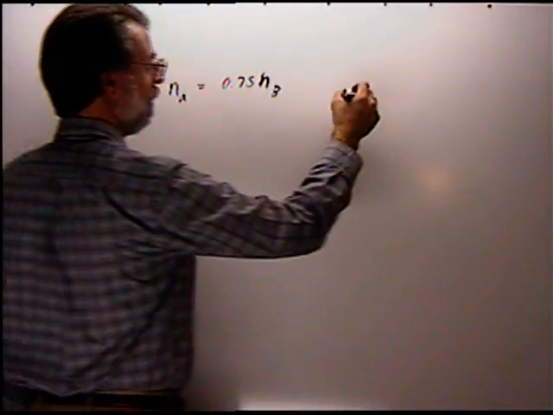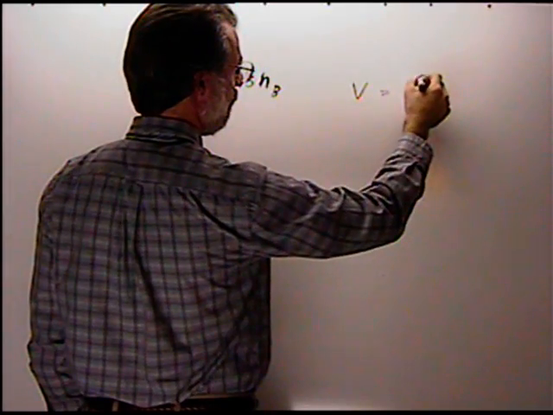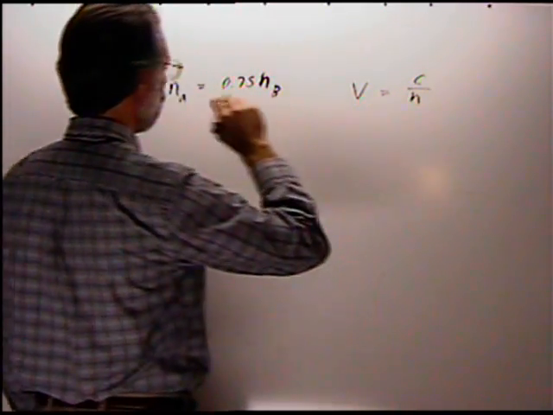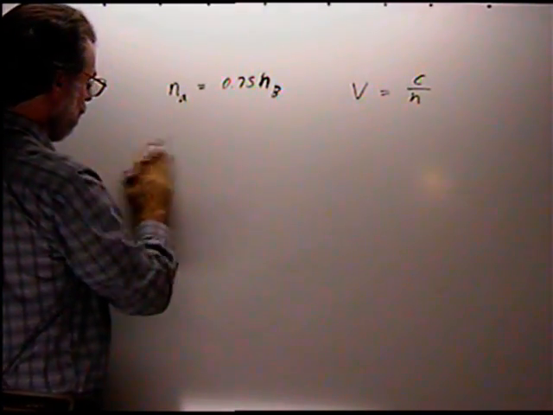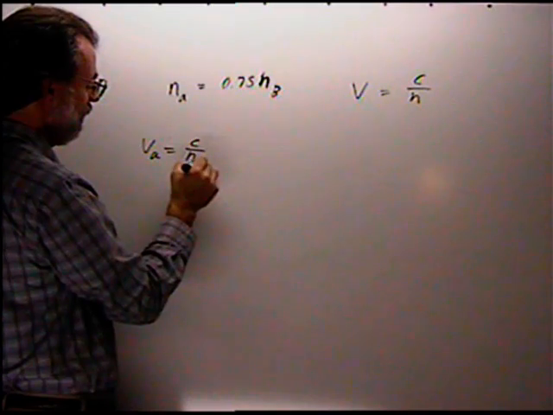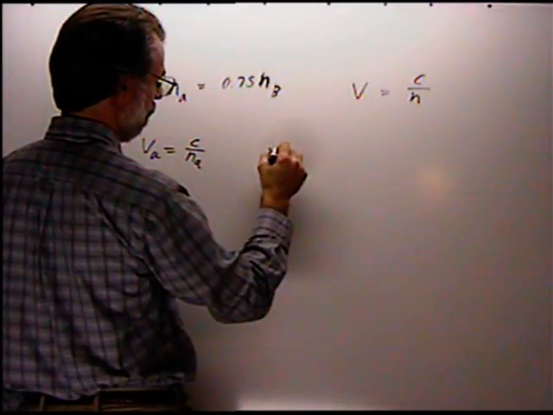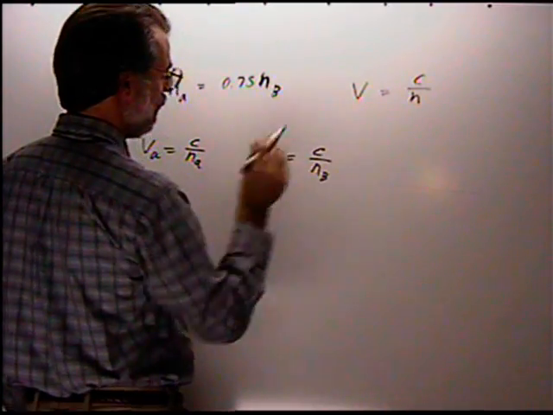Remember, the velocity in a glass or a material is the speed of light divided by the index of refraction. So the speed of light in A equals c divided by nA. Speed of light in B is c divided by nB.